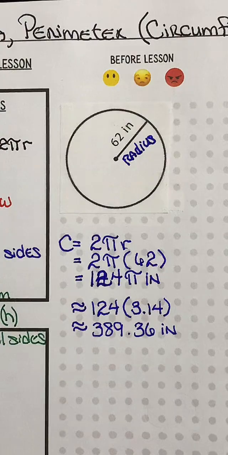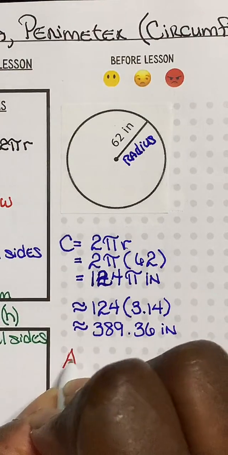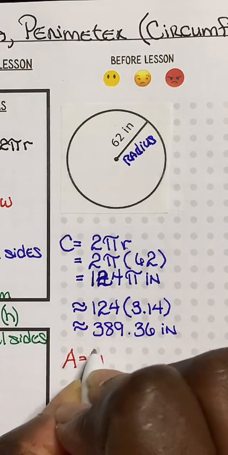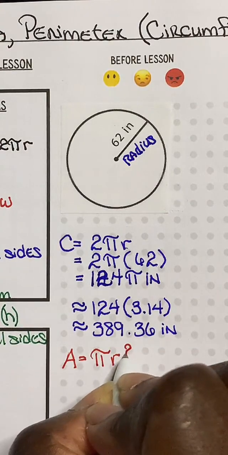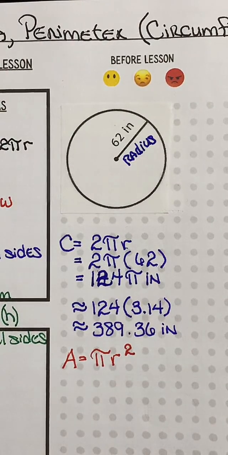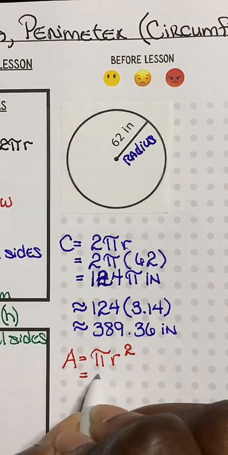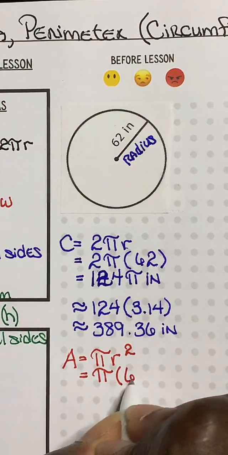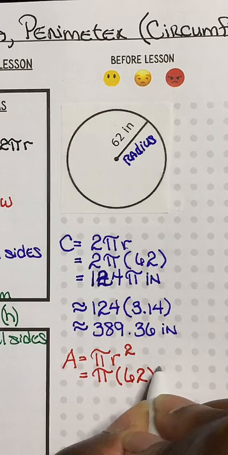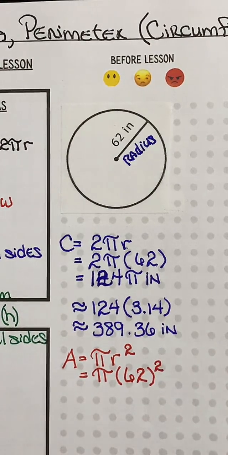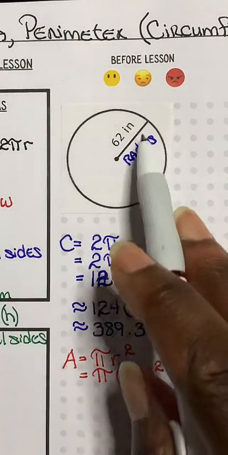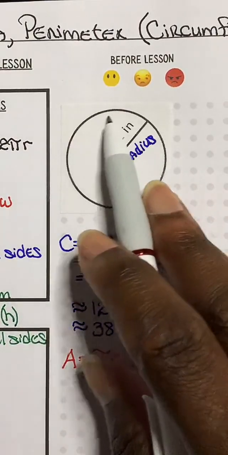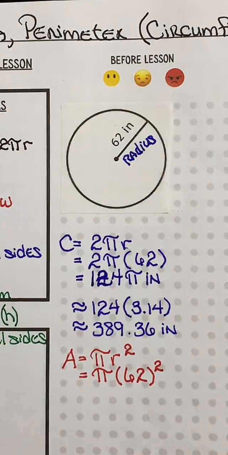Now if they want the area, area is going to be pi r squared. Again, if they want the exact, we keep it in terms of pi, but we take our radius, which is 62, and this time we square it. We want to know how much this is going to cover, that space in there.